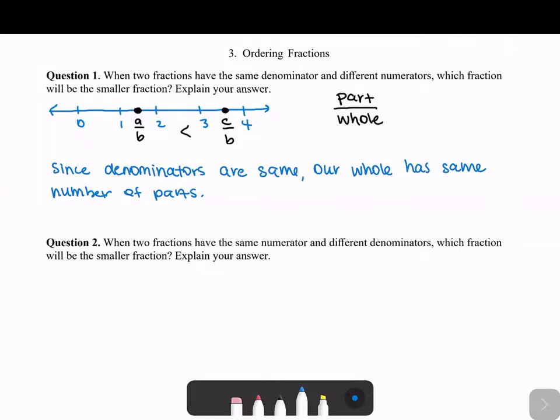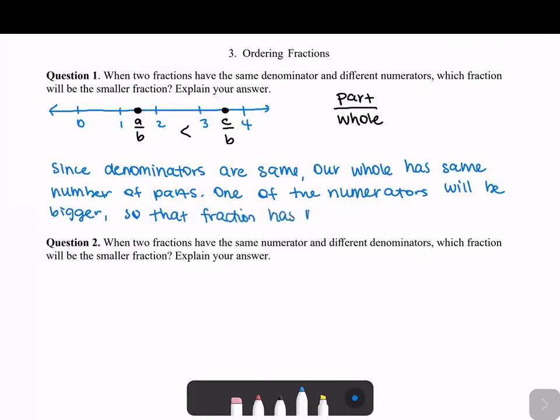So one of the numerators will be bigger. So that fraction has more parts, has more, I guess pieces is better to say, has more pieces.